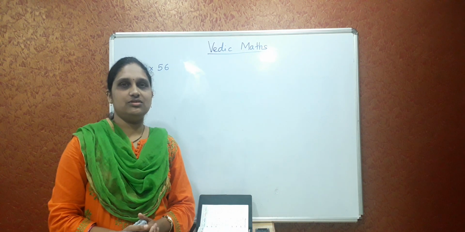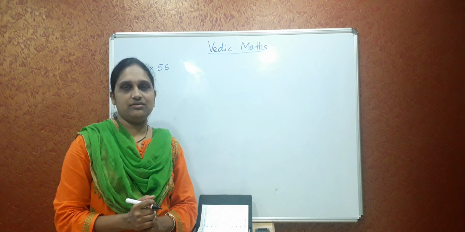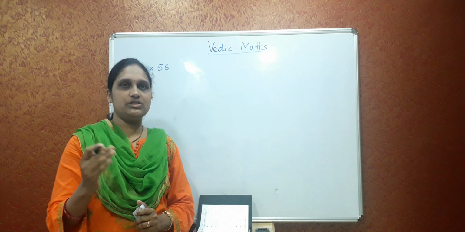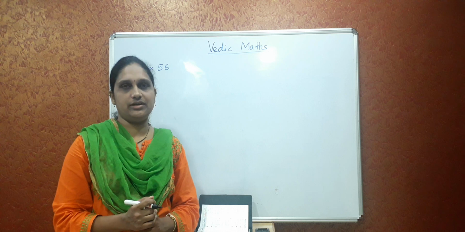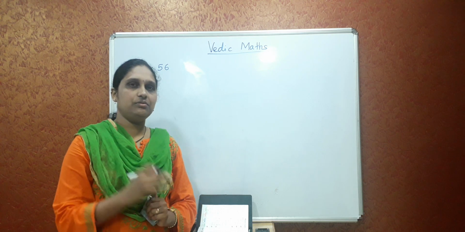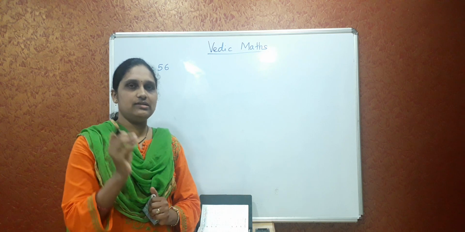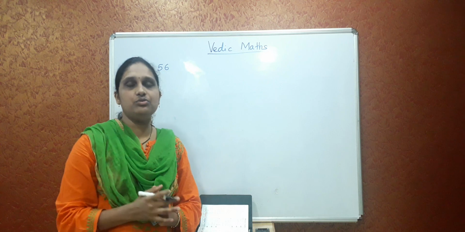Okay, now students, we have seen the method for 2-digit multiplication, and that too with numbers which are easy to subtract from 100, which are nearer to 100. Now if the numbers are given away from 100, the subtraction is a little bit hard to do.